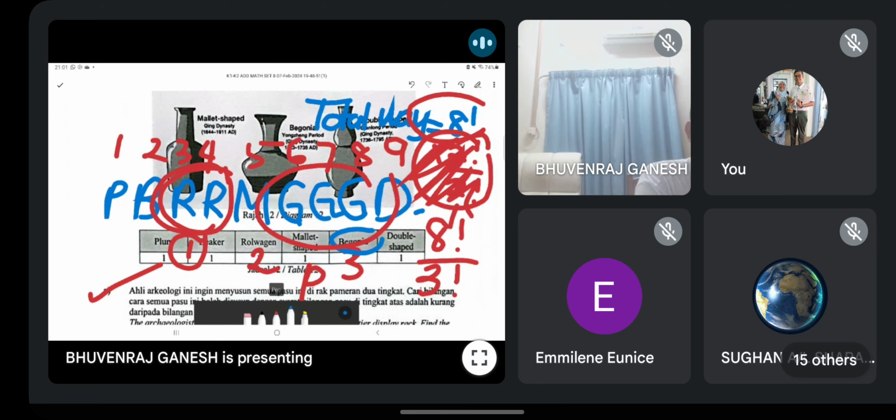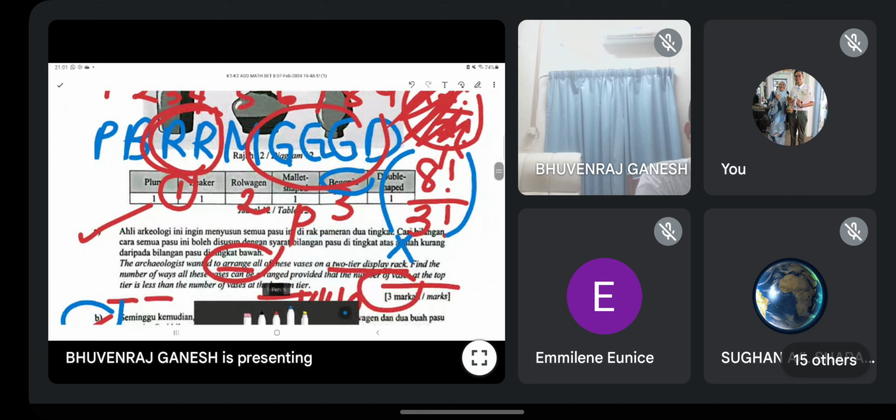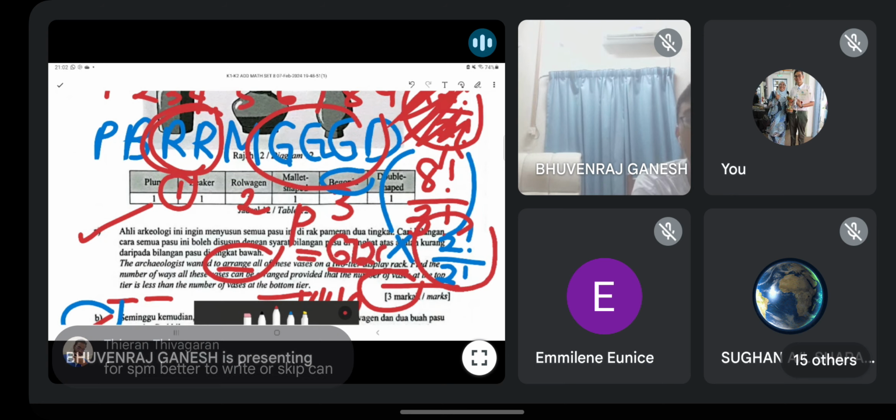For understanding, you can write times 2 factorial bahagi 2 factorial, can. But this nilai is 1. So no impact. Tak ada kesan. Okay, but for understanding, correct lah. Times 2 factorial divide 2 factorial. Okay, so final answer, you will get 6720 for part B.